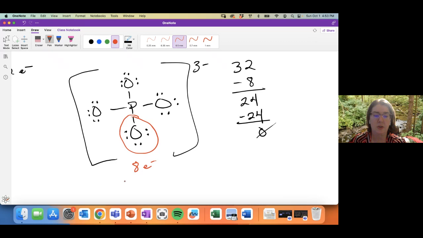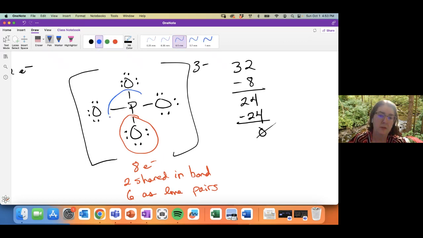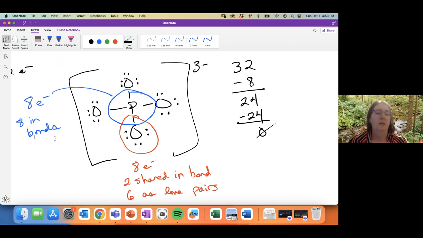So this is 8 electrons, 2 shared in a bond, 6 as lone pairs for my oxygen. My phosphorus has also 8 electrons, so I have fulfilled the octet. I have 8 in bonds. So there's my Lewis structure.